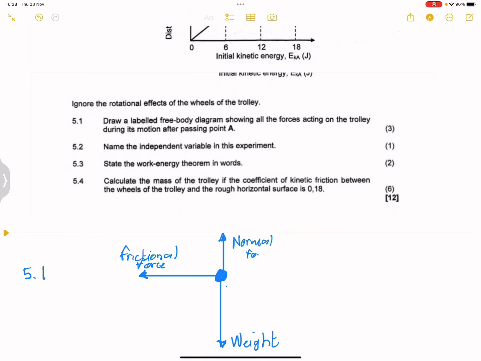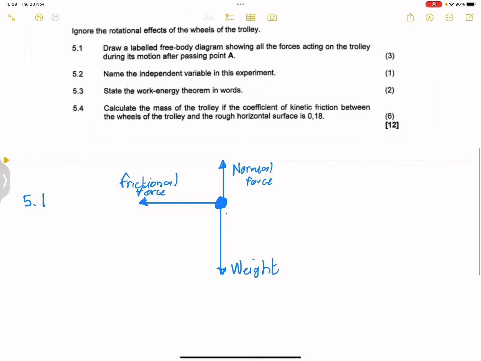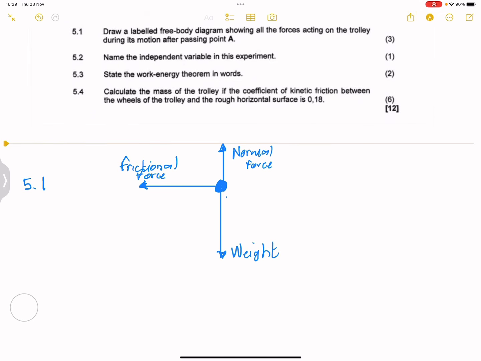Okay, so those are the three forces that are acting on the trolley. And please remember, guys, once you draw any additional force that is not part of the forces acting on that diagram, you lose marks, right? The markers will apply negative marking.